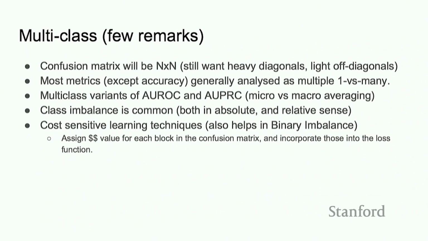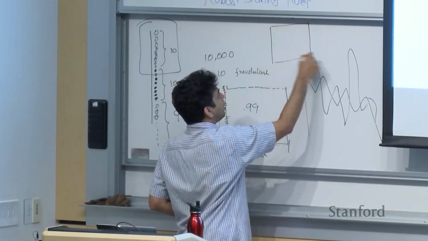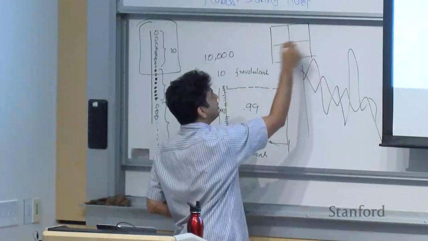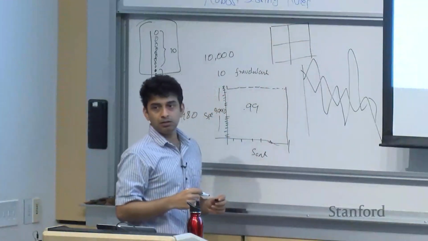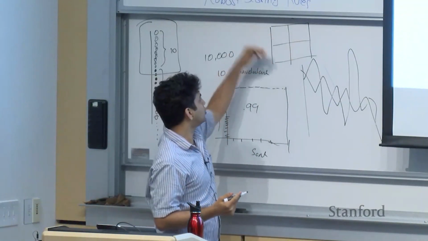Right. So you can extend all of these to a multi-class classification setting as well. The confusion matrix in a multi-class setting will be k by k or n by n, depending on the number of classes you have. In binary, the confusion matrix had just 4 cells, where you had two classes.